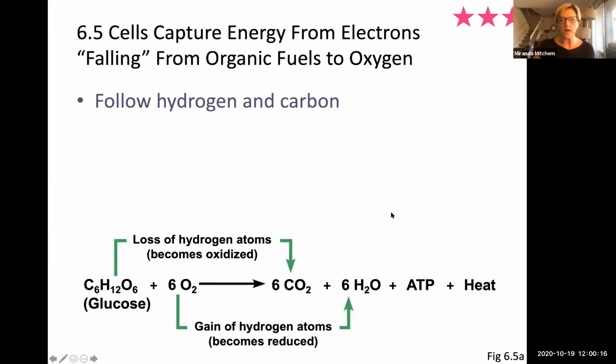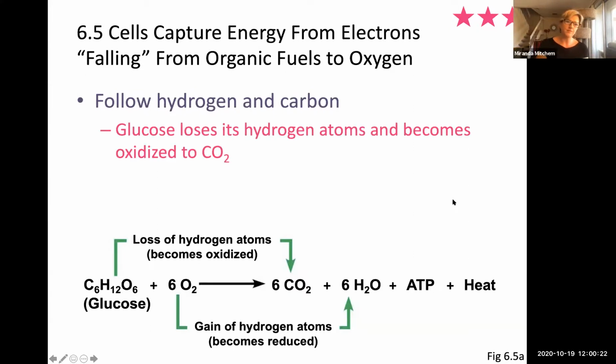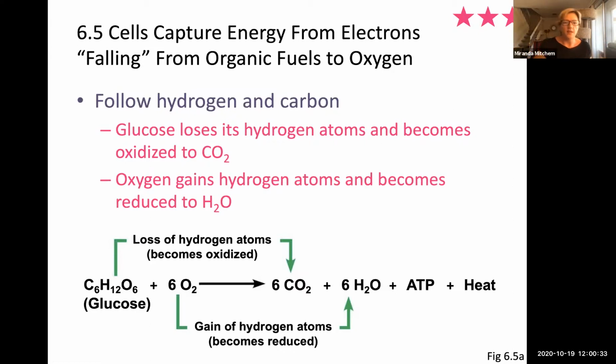We'll look at that more in our next module when we break apart the different stages of cellular respiration. So glucose is going to lose its hydrogen atoms. It becomes oxidized into carbon dioxide. Oppositely, the oxygen gains the hydrogen atoms that came off of glucose, and it becomes reduced into water.